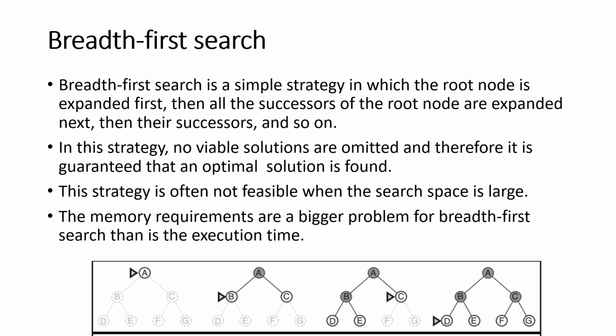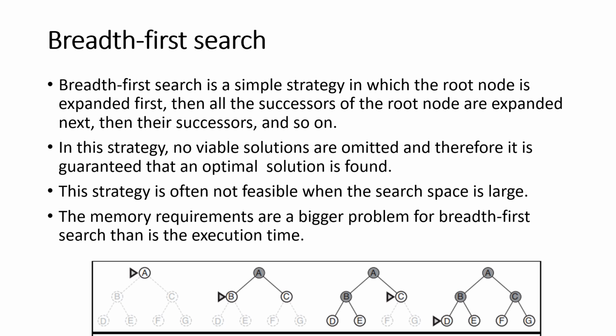The memory requirement is a bigger problem than the execution time. BFS stores all the nodes at a level, and as the depth increases, the number of nodes increases exponentially. So the memory requirement is the bigger problem for breadth first search than the execution time. That means BFS may fail due to memory overflow, not time.